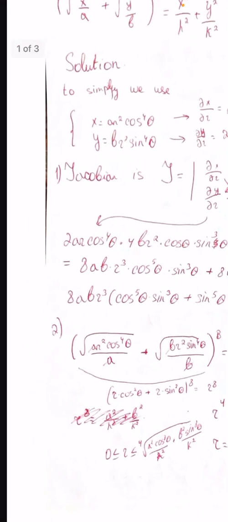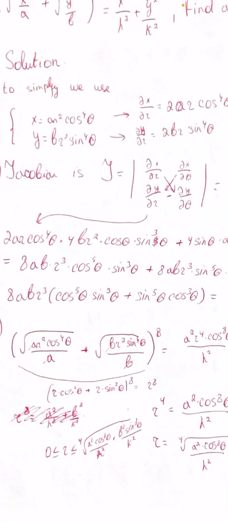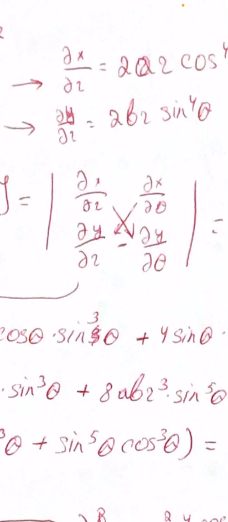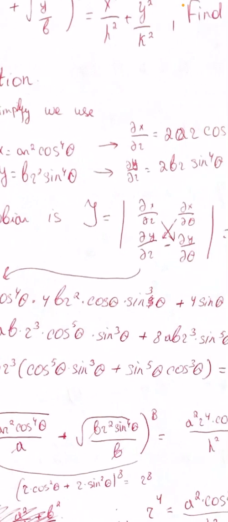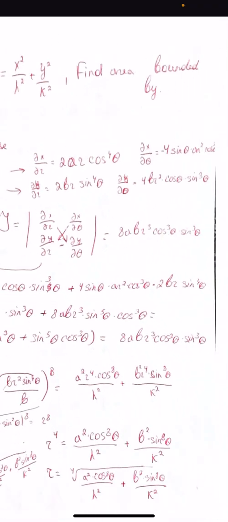So our first step is going to be to use the Jacobian formula, which is already given here. We need to find the matrix of partial derivatives of our polar coordinates with respect to r and alpha. I already found the partial derivatives.